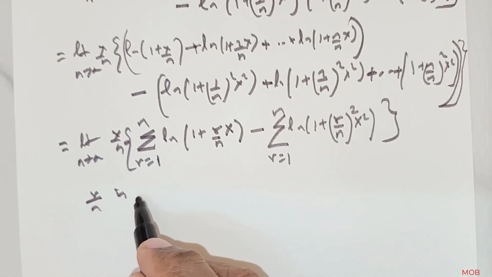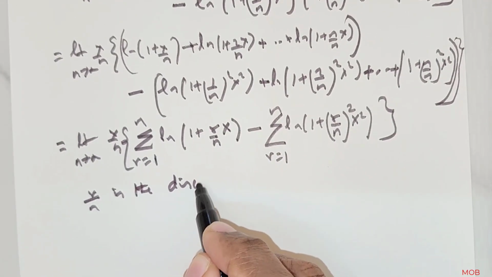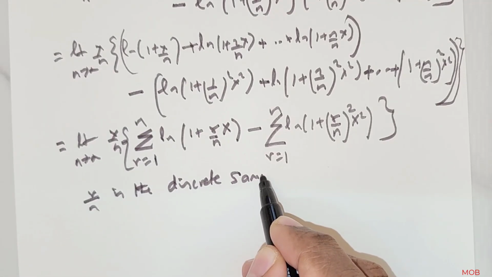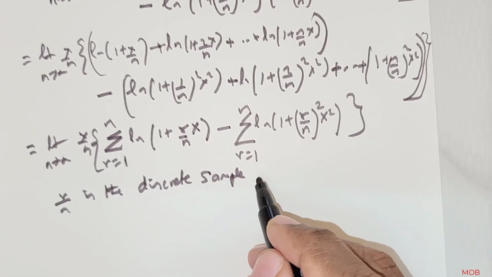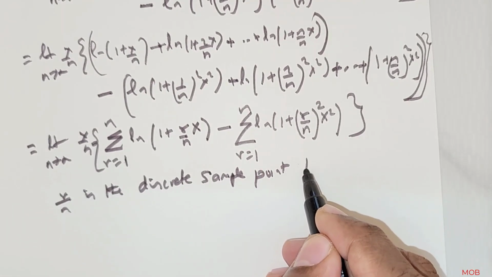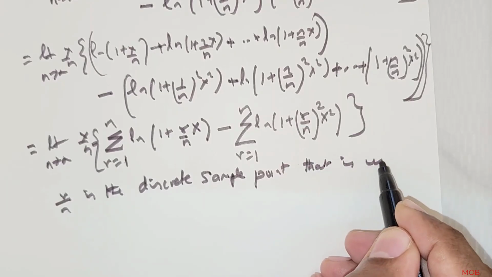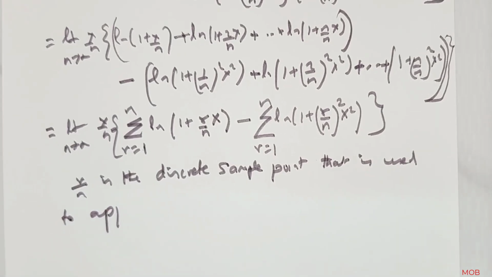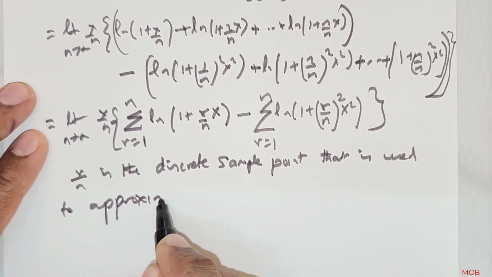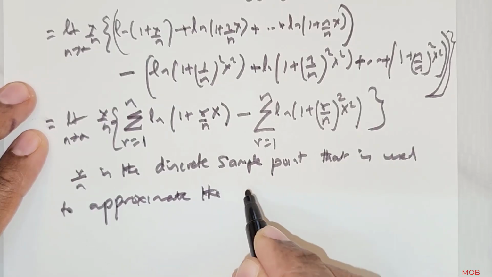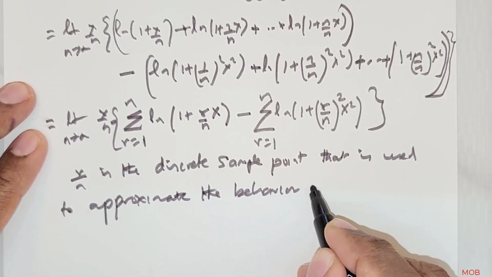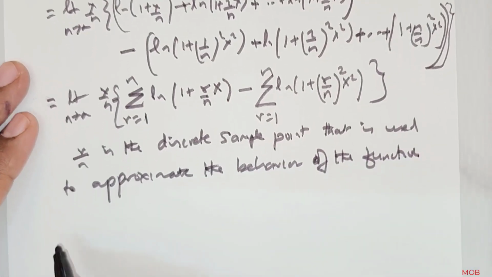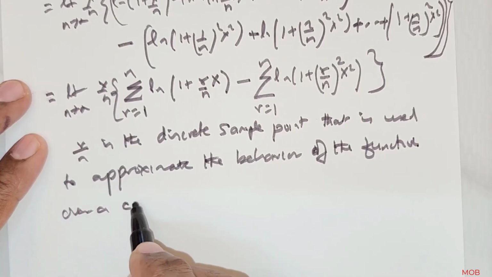So r over n is the discrete sample point that is used to approximate the behavior of the function over a continuous interval.